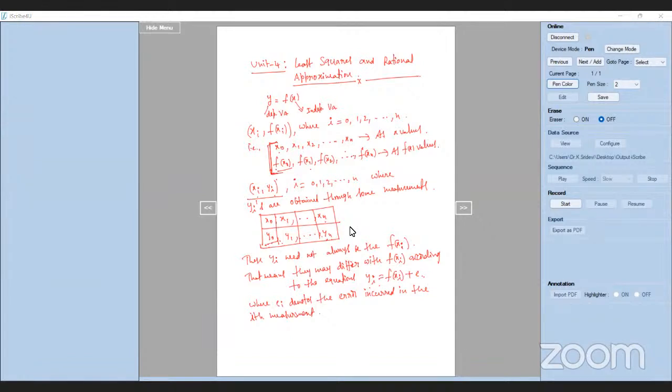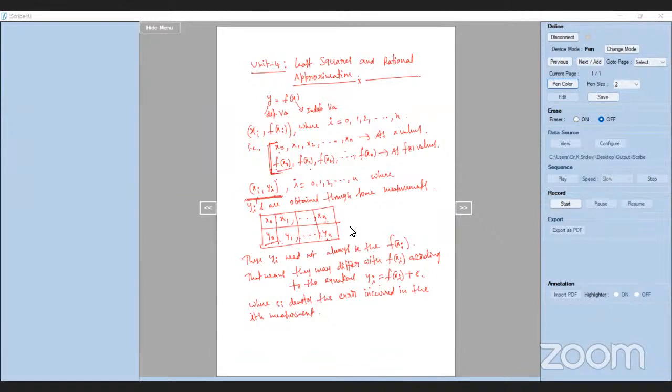So that is the difference from the tabular values we took in the previous classes. In this lesson, we are going to take this type of tabular values: x0, x1, and so on, xn, and y0, y1, and so on, yn.